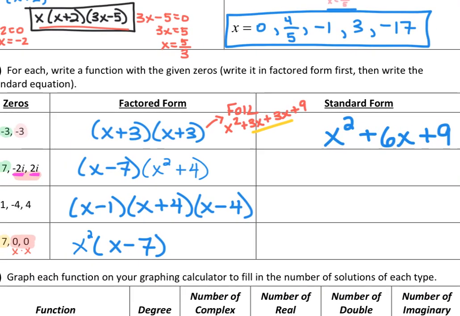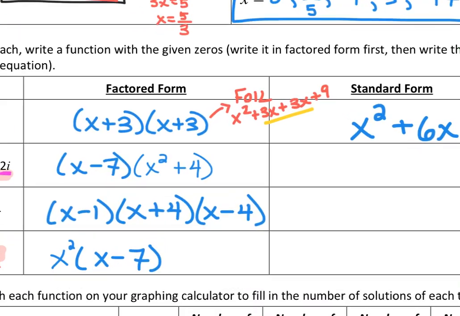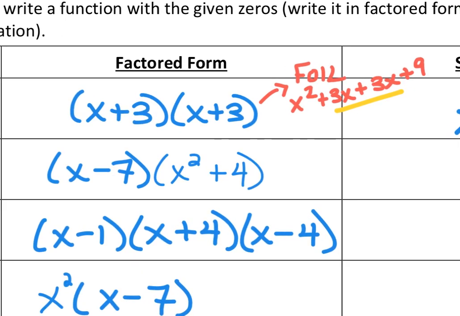Now for part B, you're going to FOIL again, but be careful because you've got that x squared. And so when you FOIL, x squared times x is x cubed. The outsides is plus 4x. The insides, minus 7 times x squared.